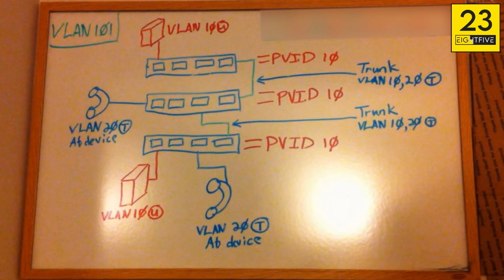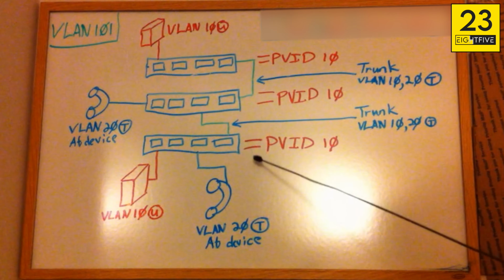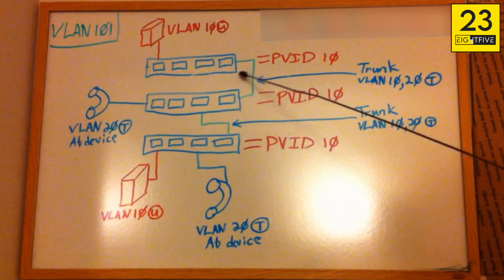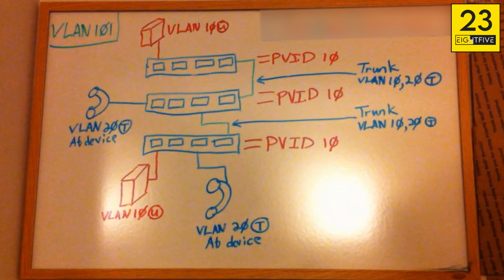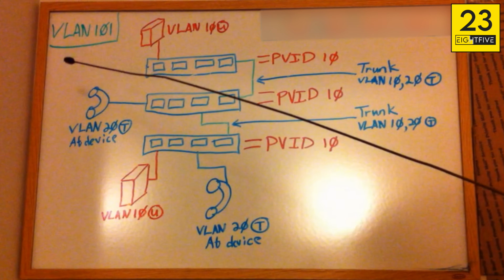What I have displayed on this board is under the assumption that you have 3 VLANs set up. These 3 VLANs are going to be VLAN 1, which is your default VLAN that all the switches are configured on. These boxes here, here, and here are my switches, and then we have a computer here and here, and we have a VoIP phone here, and another VoIP phone here.